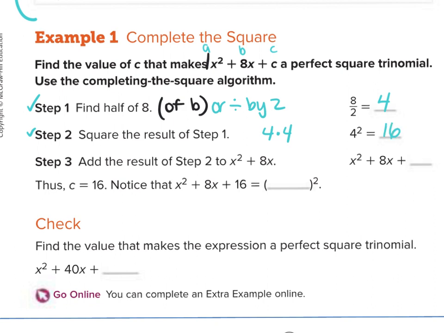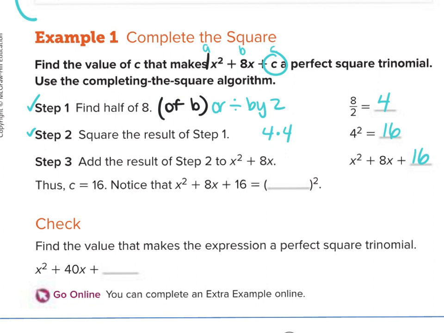All right. So we're trying to make this c into a nice regular number there, okay? So we're going to add 16, whatever number you found, you add to the end of that and make that your c. And why it's called a perfect square, you don't actually have to work these out.